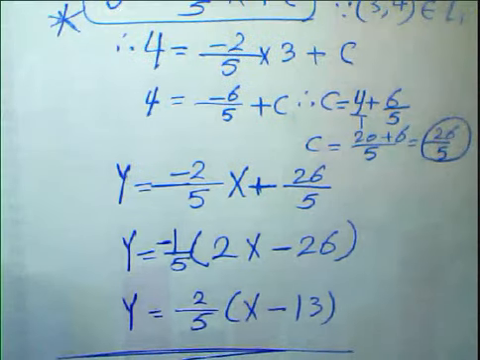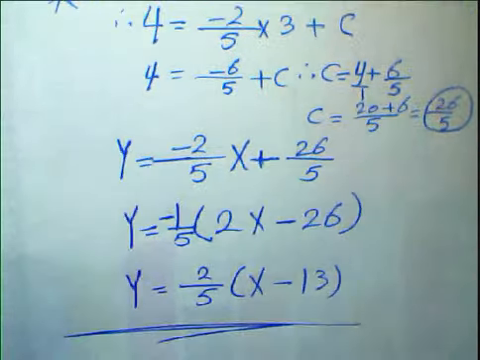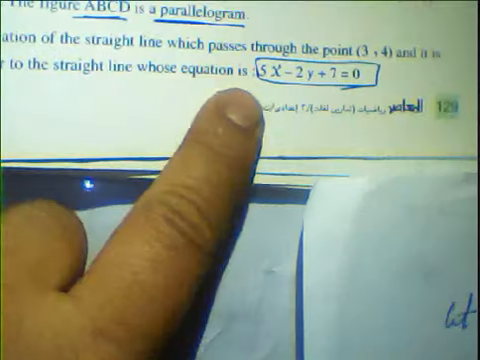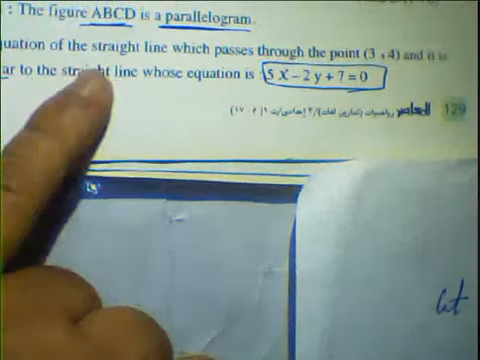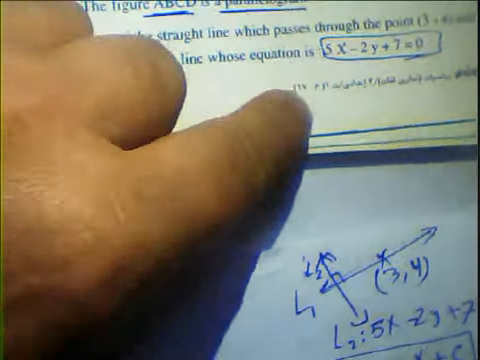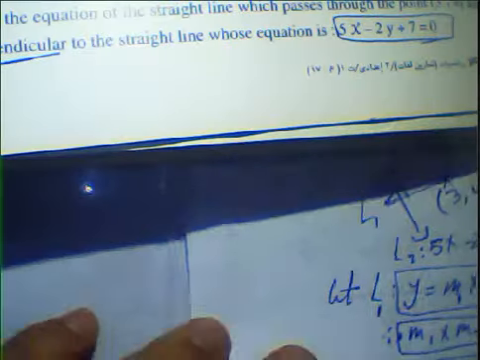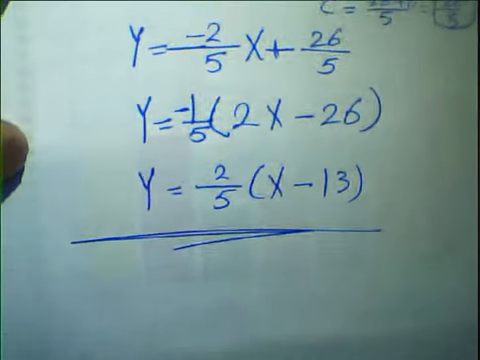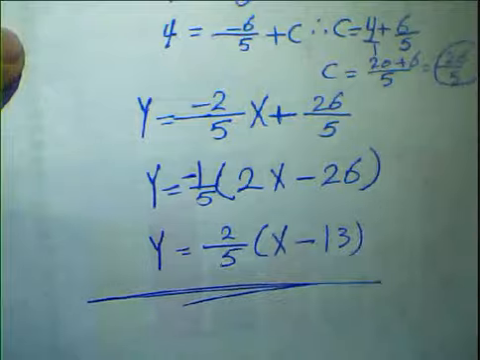This is the result about this example. Okay, so the equation of straight line which passes through the point 3 and 4 and perpendicular to straight line here will be what? Will be y equal negative 2 over 5 multiplied by x minus 13.